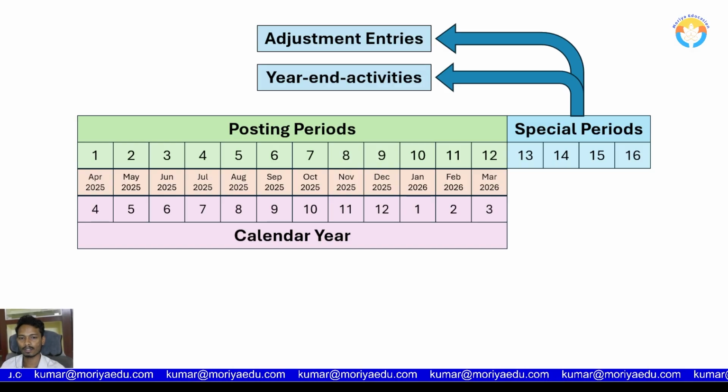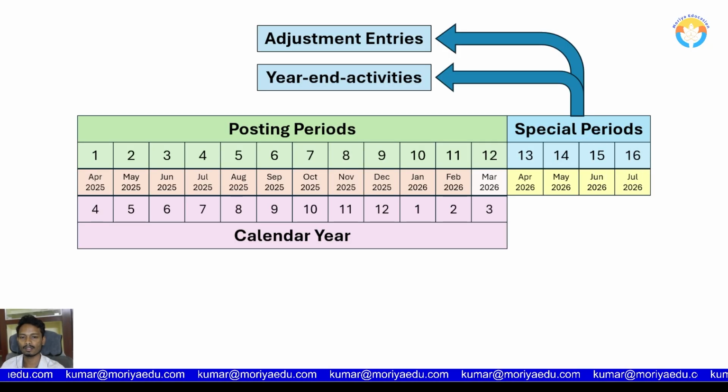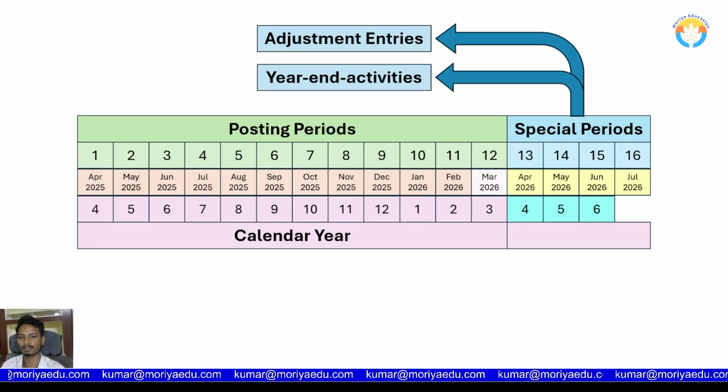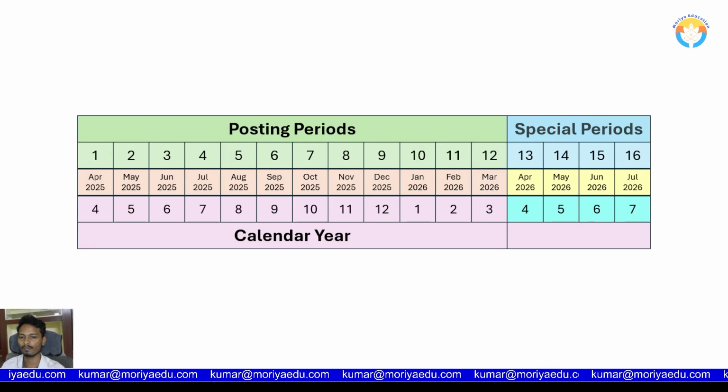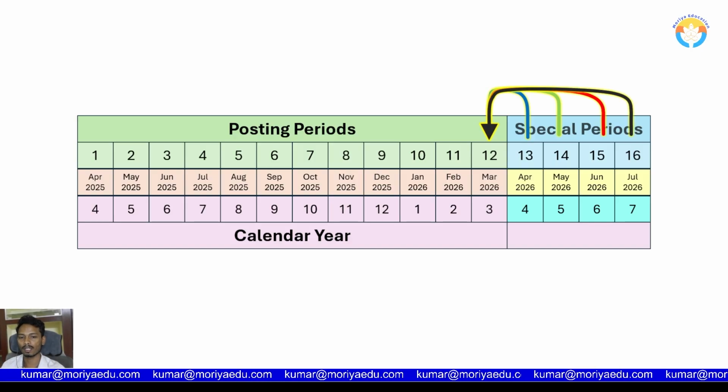That means the first special period will start as soon as the last posting period ends, and all the next special periods will be in sequence. The month numbers will be the same as per the calendar year, that is 4, 5, 6 and 7. And documents posted in any special period will get reflected in the last posting period.